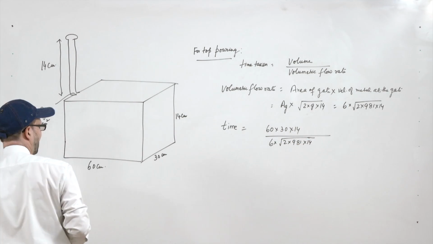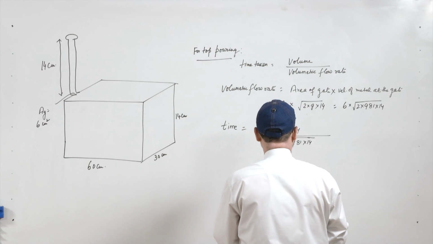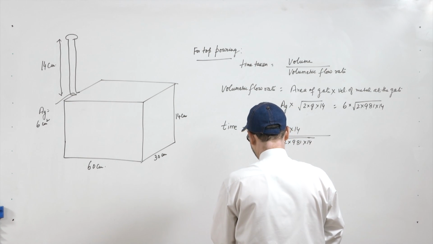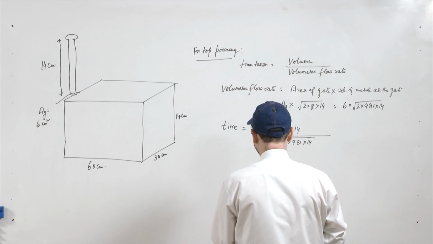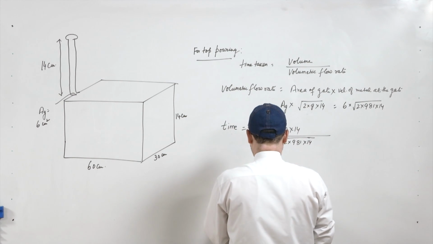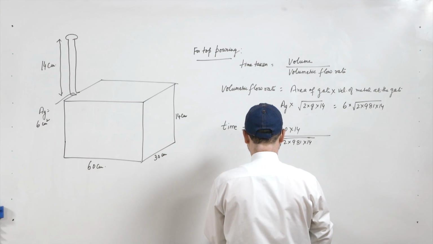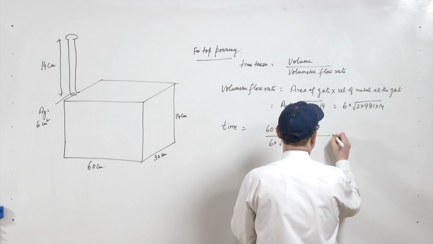So, we have to find it. So, it will be 981 multiplied by 14 multiplied by 2, under root is 165.73, into 6. So, it is 994.4.